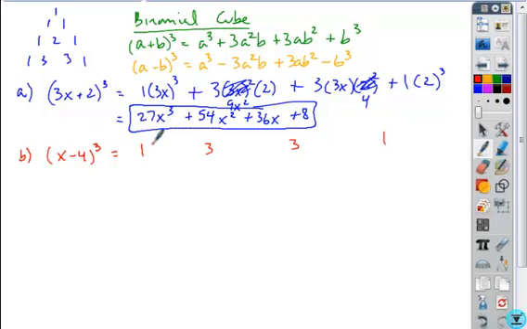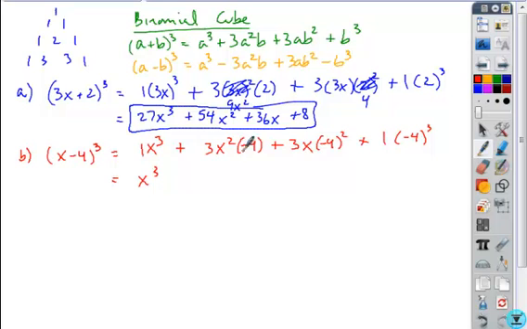Okay, plug in your first base, which is x, to the highest power 3, to 1 as you reduce it going from left to right. Take your second base, which again includes the sign. So here negative 4 is our second base, and build that down starting at the highest power from the right and move from right to left. So cubed, squared, to the first, to the 0, and then just combine and simplify what you have.